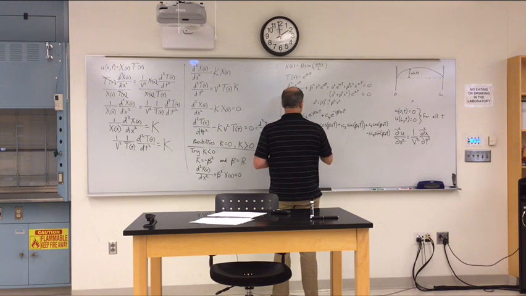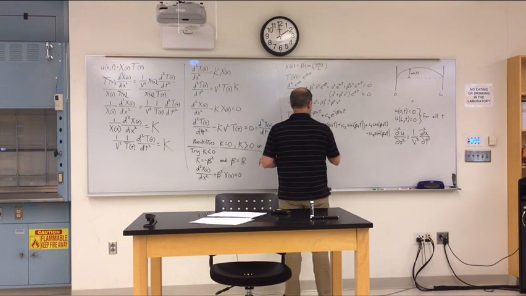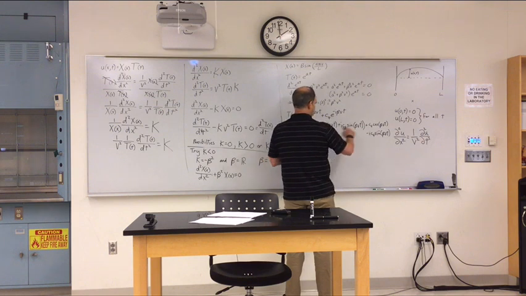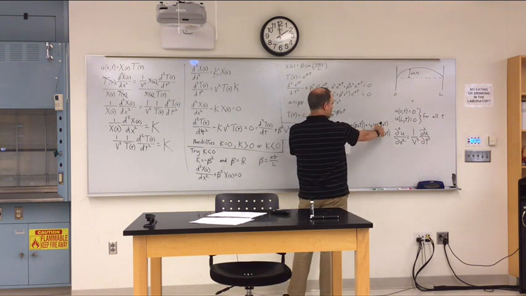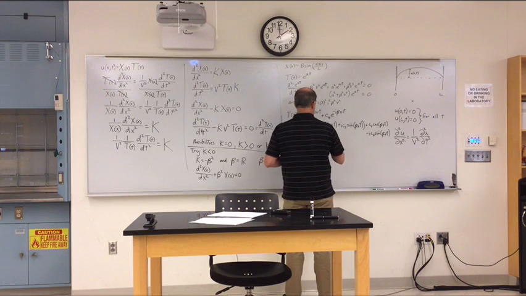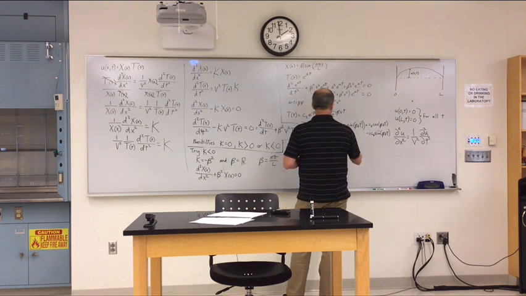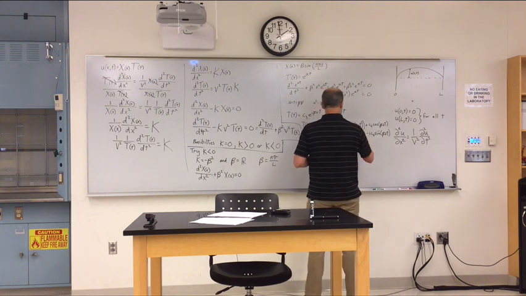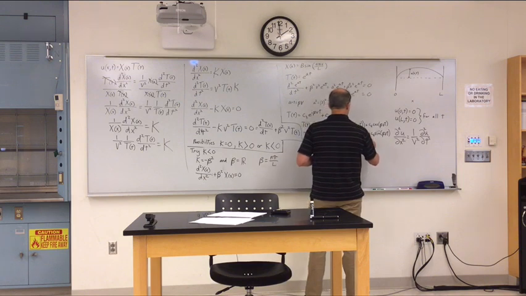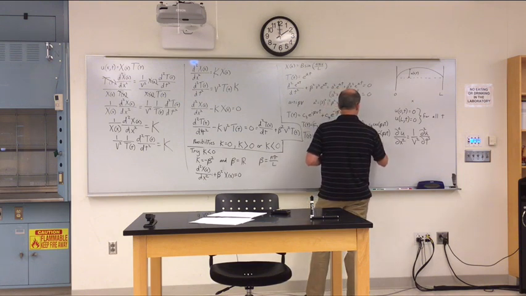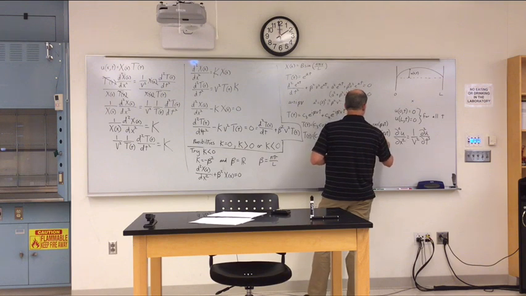T of t is equal to C3 plus C4 cosine of beta v t, plus i C3 minus i C4 sine of beta v t.